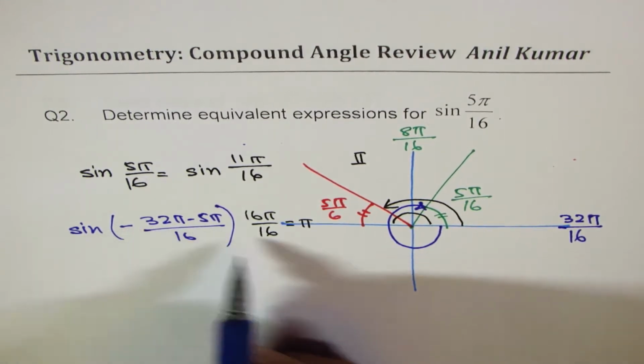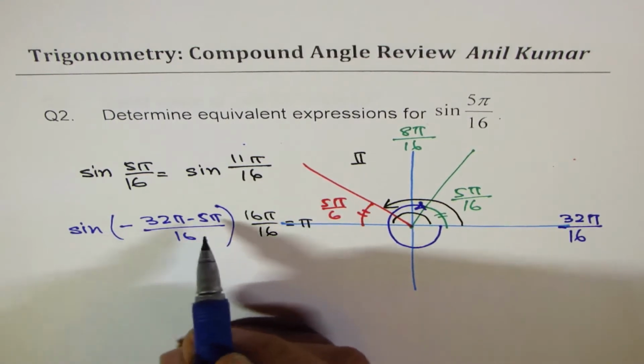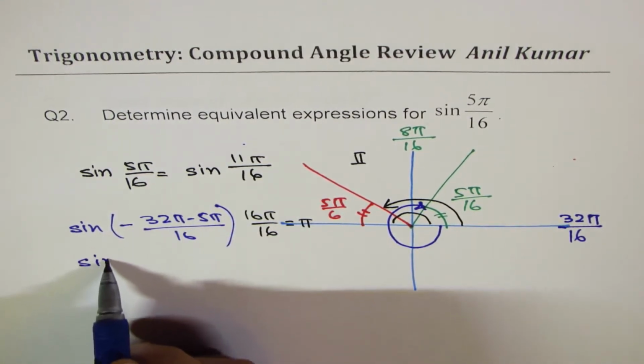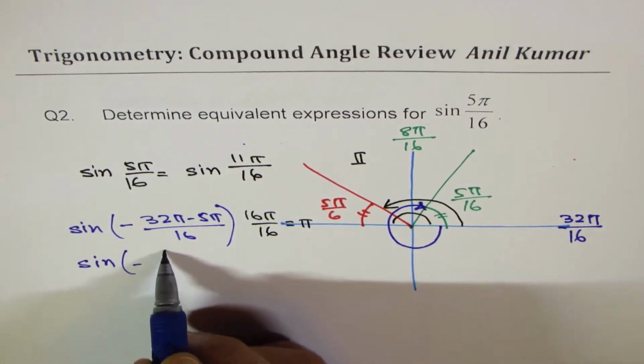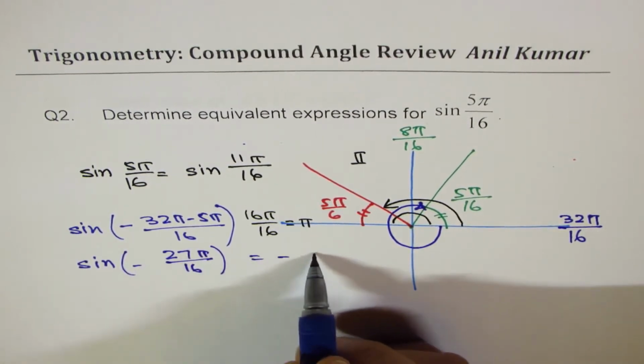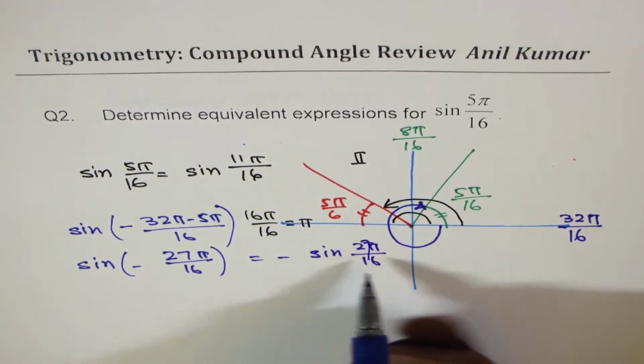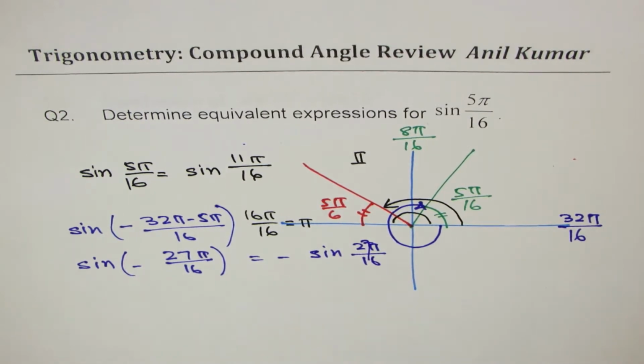This negative is for the negative angle, and sine of negative is negative, right? So we could also get sine of minus 27 pi by 16, which could be written as minus sine 27 pi by 16, right? So I hope you get it.